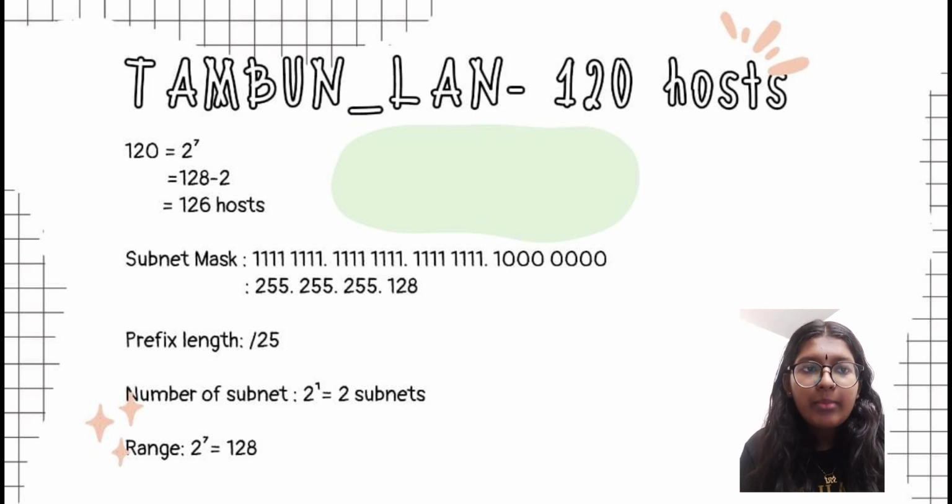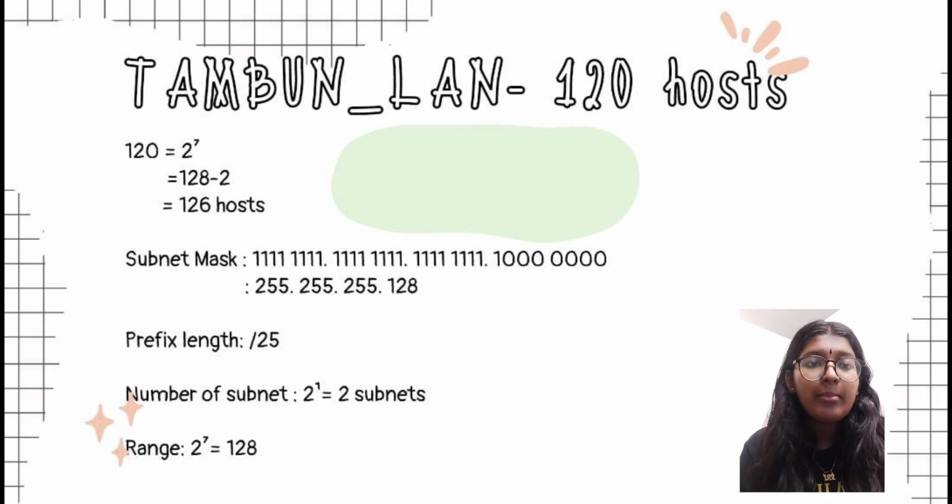For Tambur LAN we need 120 hosts, so I choose 2 power of 7, which is 128. We also minus 2 from that and we get 126 hosts. Tambur LAN's subnet mask in binary is 11111111.11111111.11111111.10000000, which is 255.255.255.128.